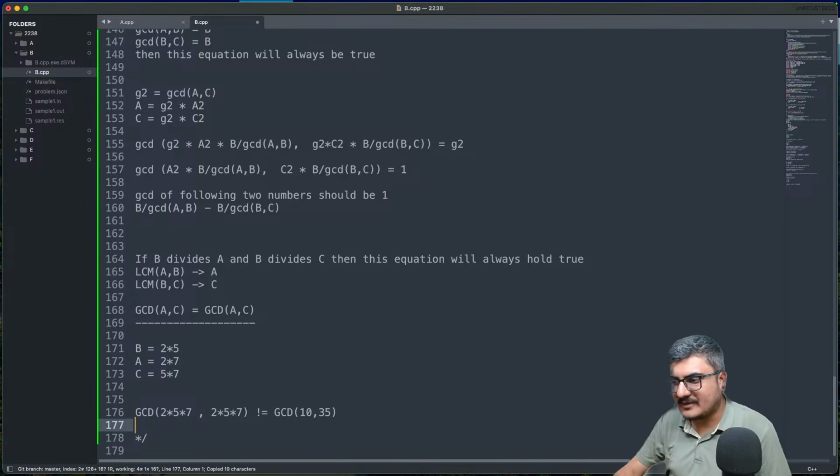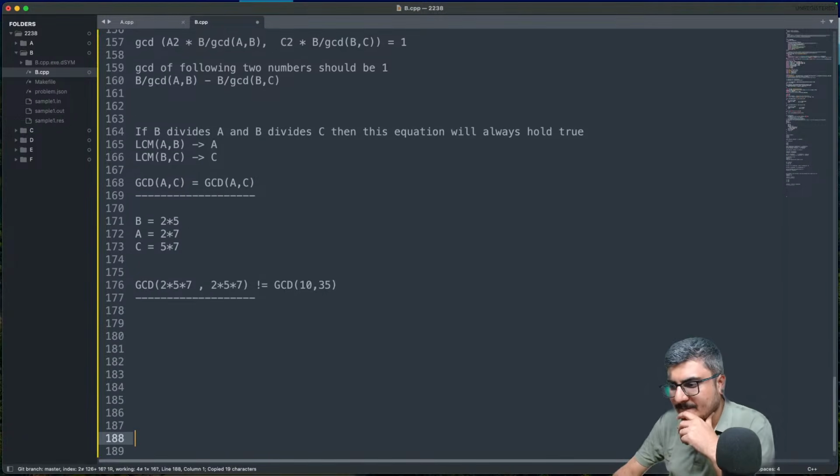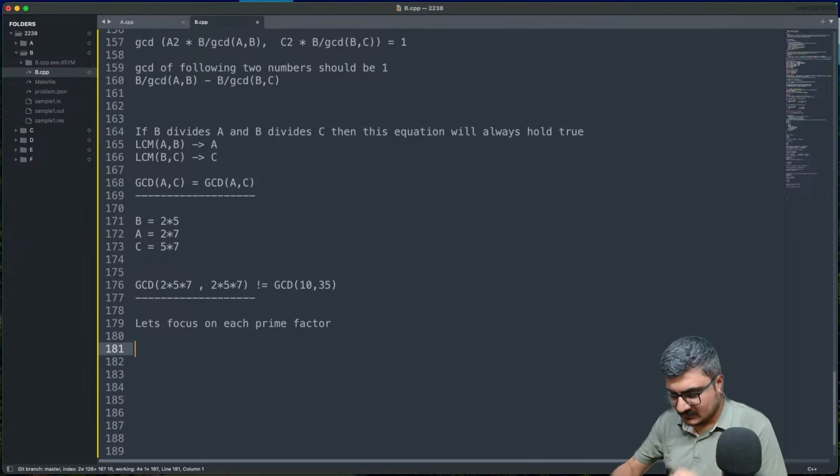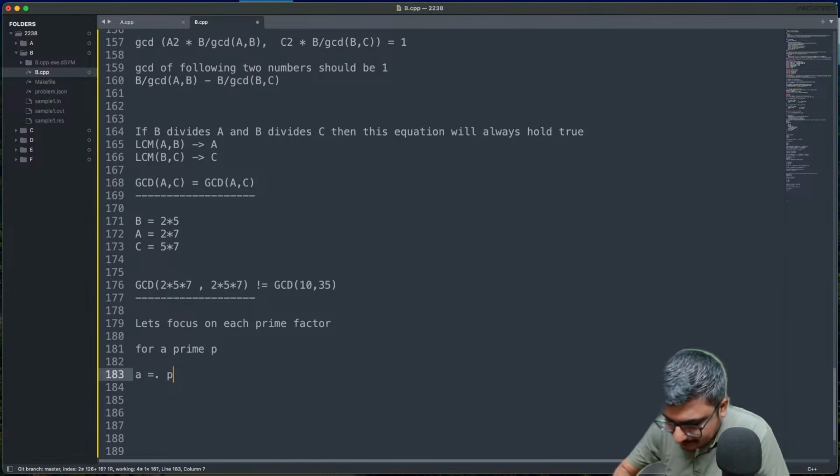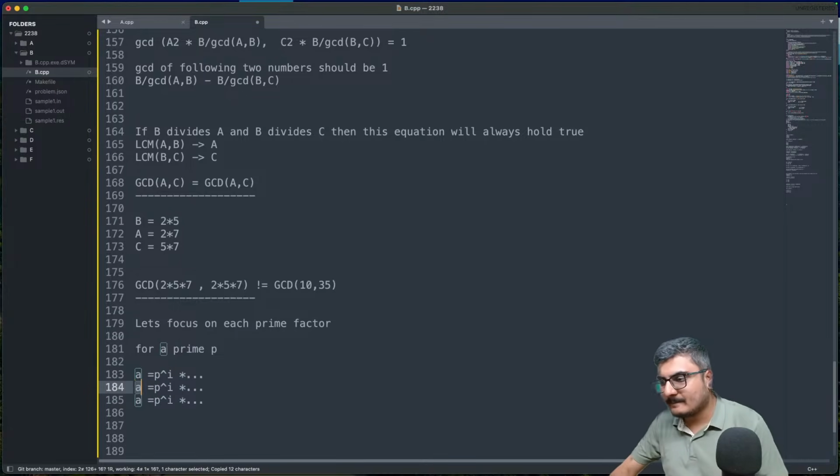Let's focus on each of the prime factors. Let's say for a prime P, in the prime factorization of A, it's P to the power I, and then the remaining part. For B it would be something j and for C it would be something k.